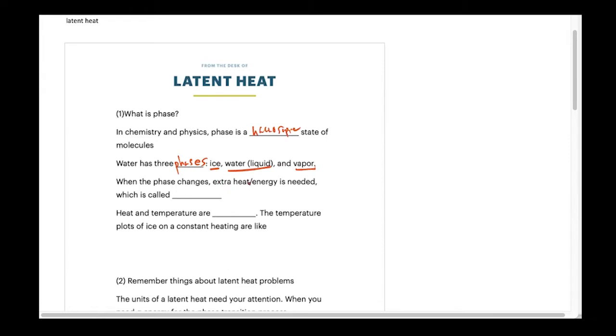So that is why you can say that water has 3 phases. And the important point is when a phase changes, for example, from ice to water, extra heat or energy is needed, and which is called latent heat, which is what we are talking about.